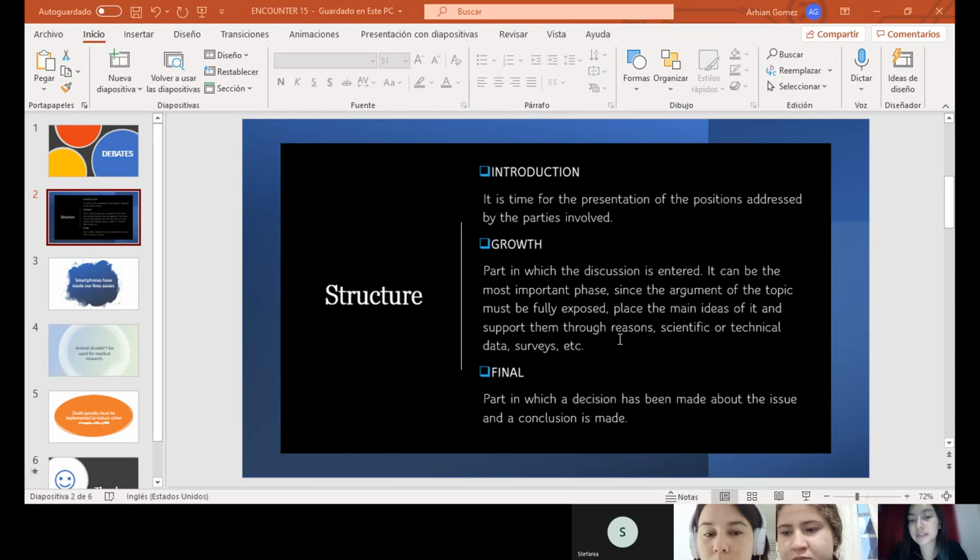The second part is the discussion. Therefore, everyone must give arguments saying why you agree or disagree. There is not a specific order, but everyone must speak, trying to convince the other team.